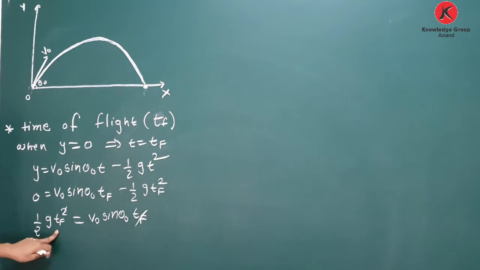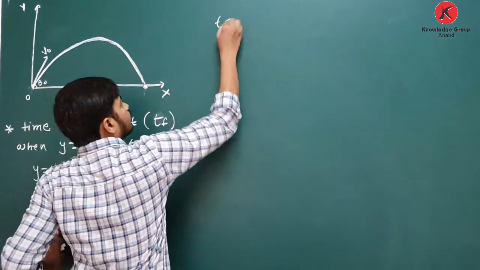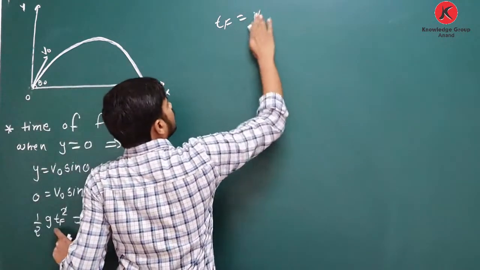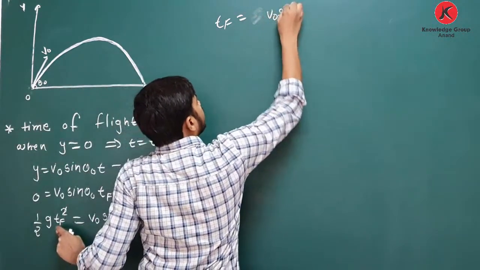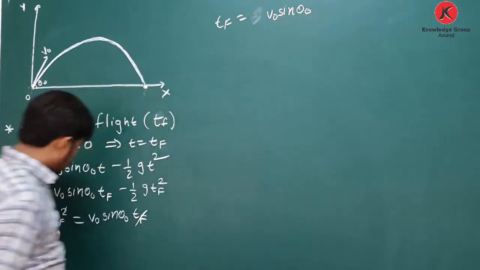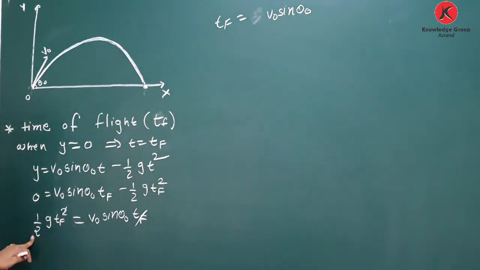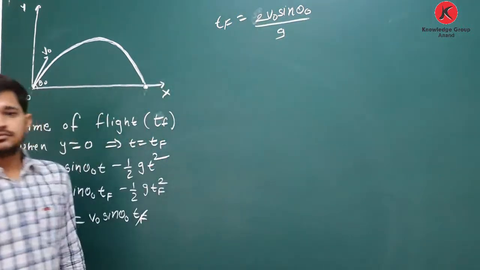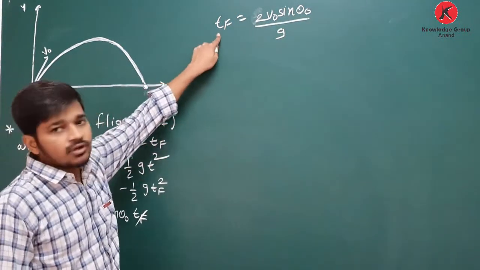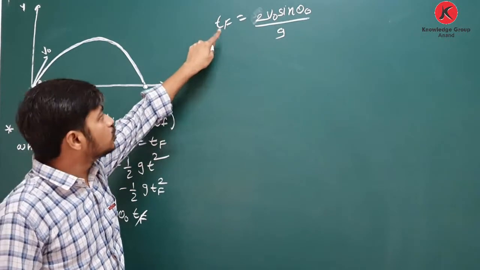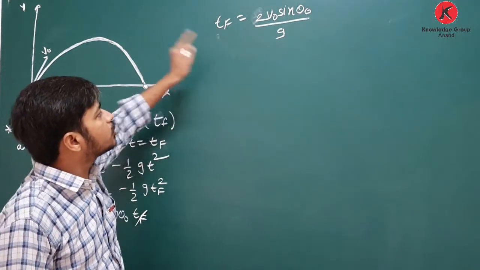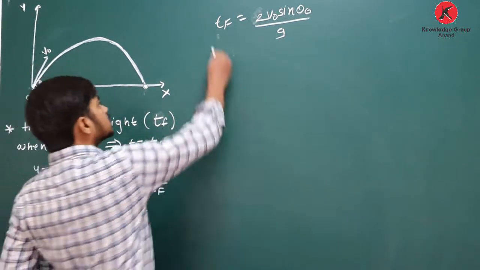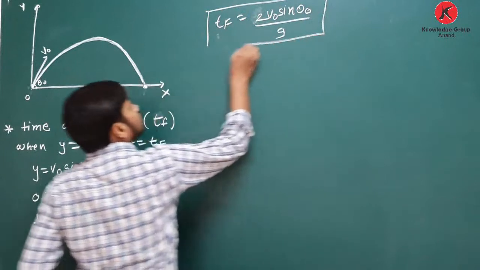Now if you make tf the subject, then tf is equal to v0 sine theta 0 on this side, 2 in the numerator and g in the denominator. See, this is the equation of time of flight. Tf is equal to 2 v0 sine theta 0 upon g. Clear? So yes, you have to remember this equation.